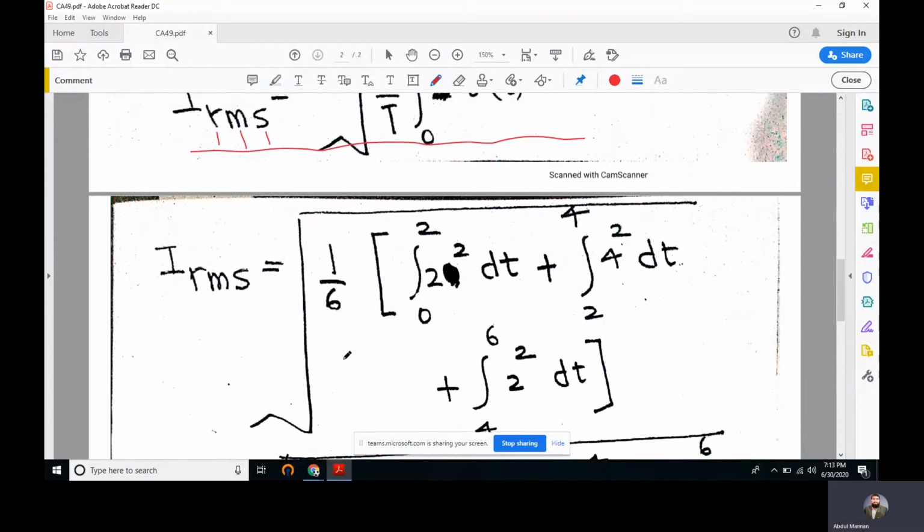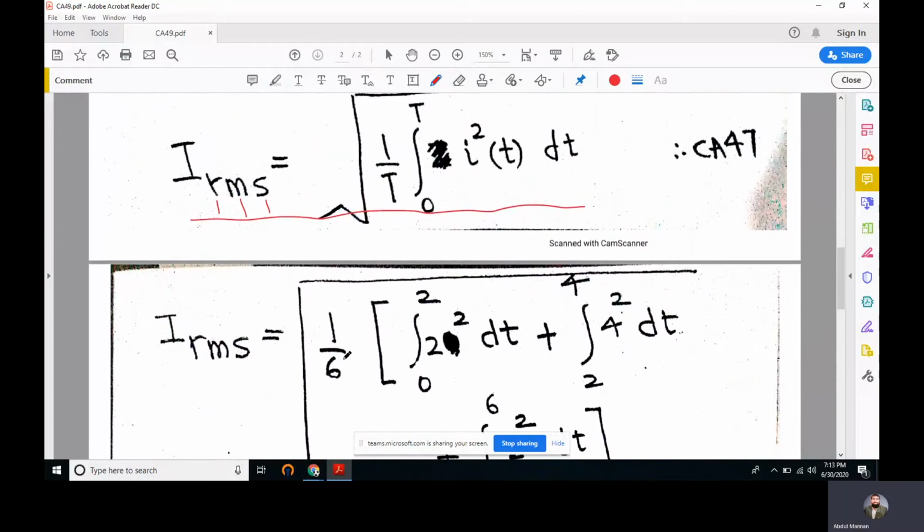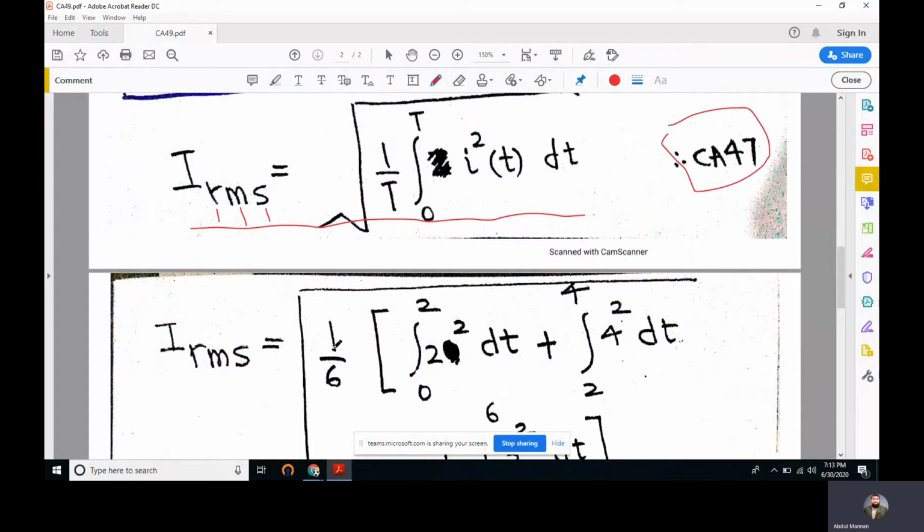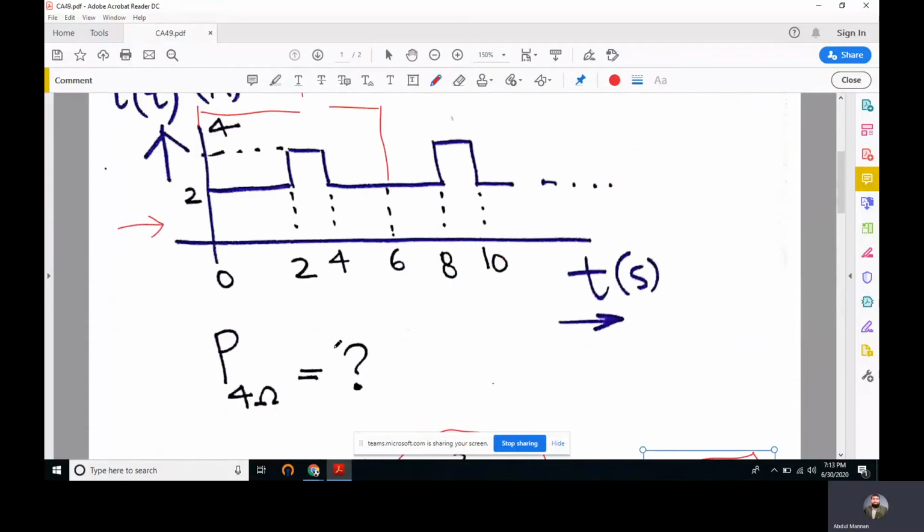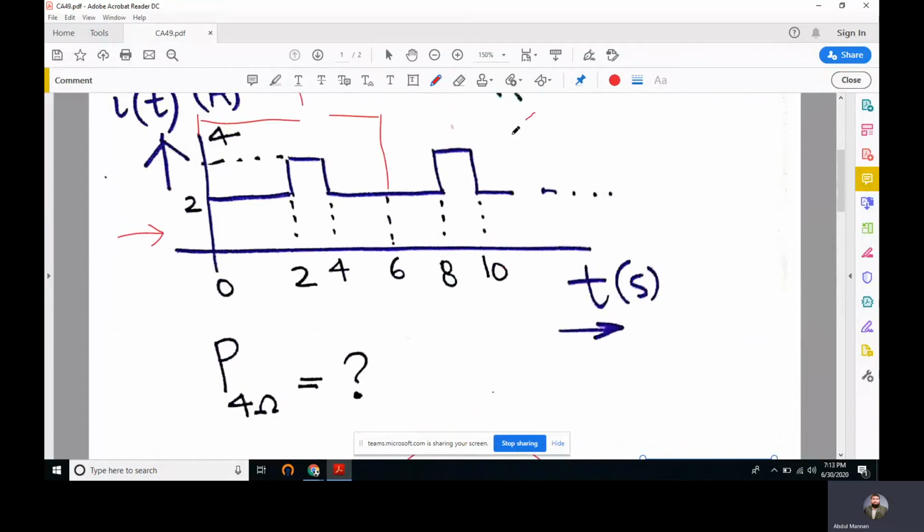And this general formula that we studied in the 47th lecture is applied on this waveform given for the current I.